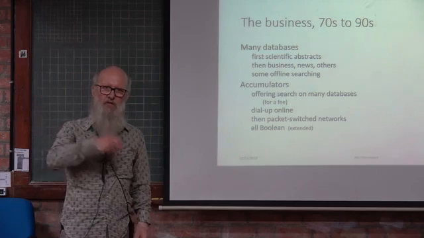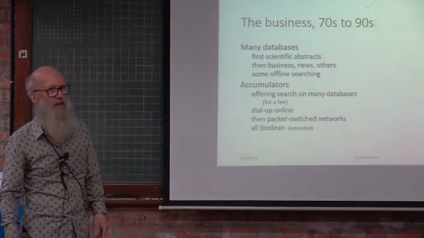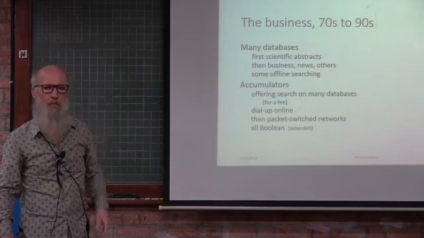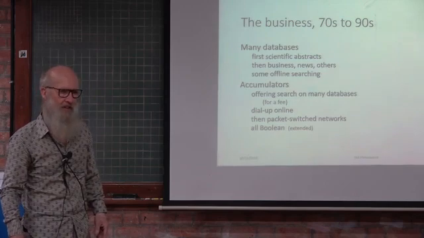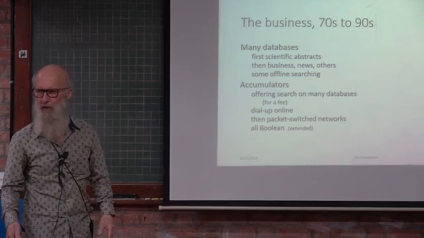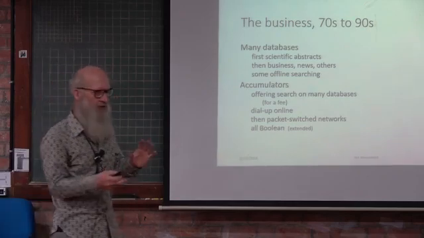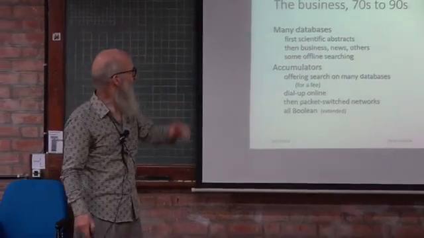So, as a result of that kind of work, between the 70s and the 90s, there was quite a substantial business. At its height in the 90s, it's been partly, not entirely, killed off by the web, but it was a serious business in the 80s and 90s. And it worked like this.